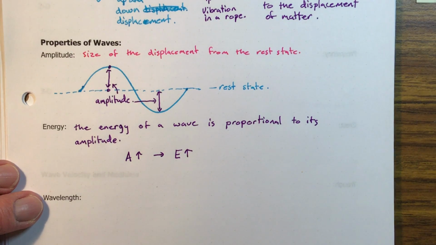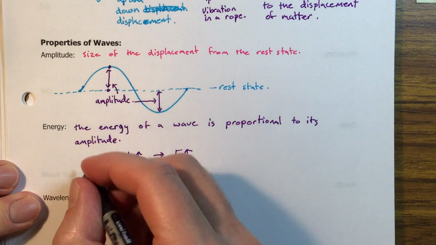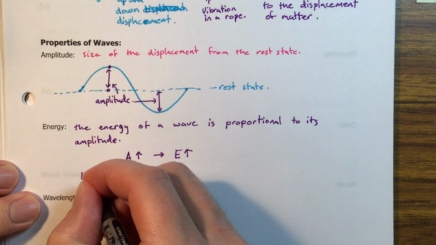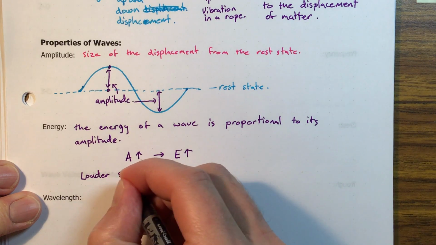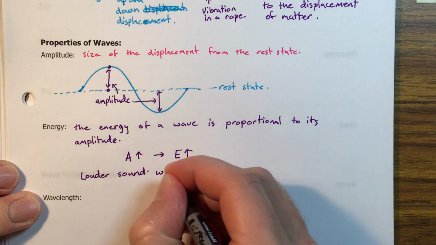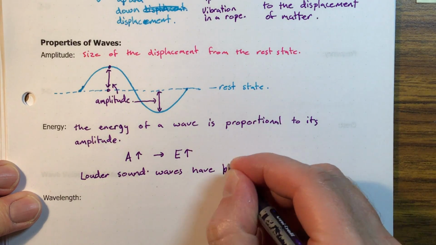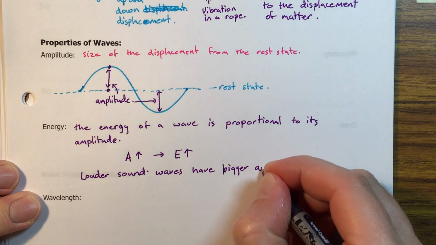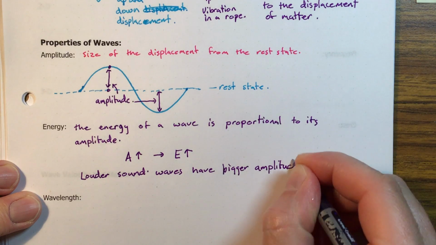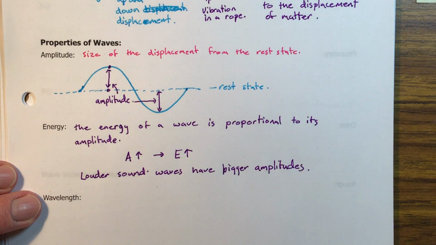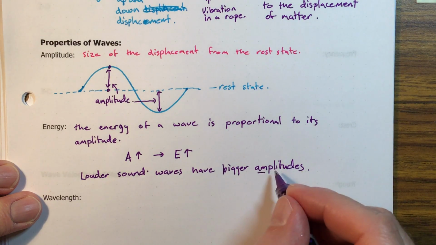We can think about this in sound waves: louder sound waves have bigger amplitudes. If you've ever watched really high-powered subwoofers go, you can see the speaker cones move in and out a few centimeters, producing very loud sound waves with very high amplitudes.